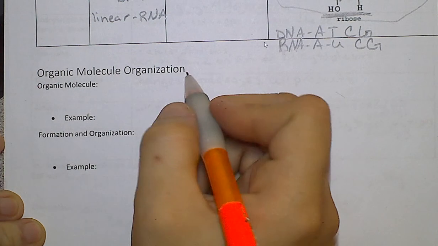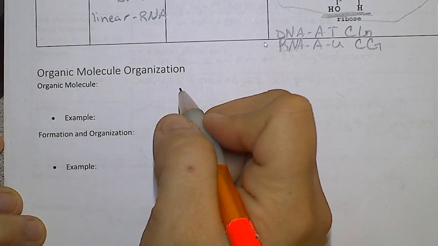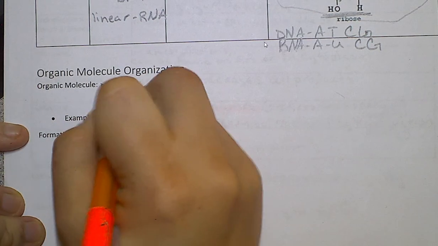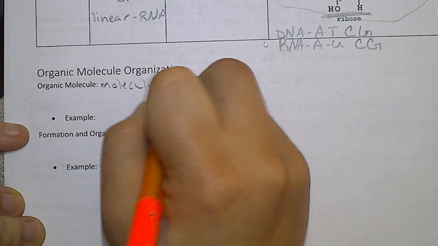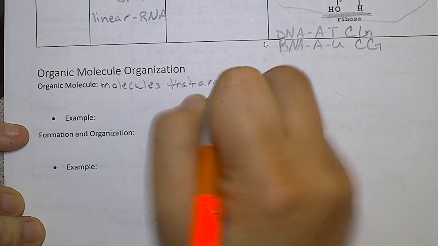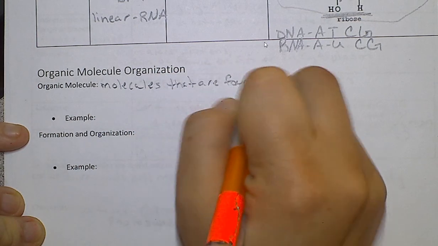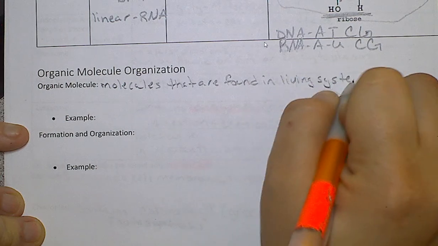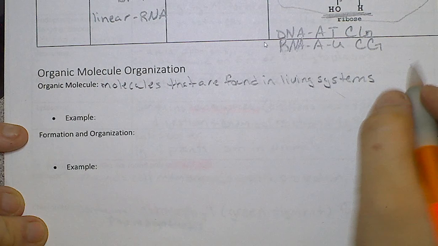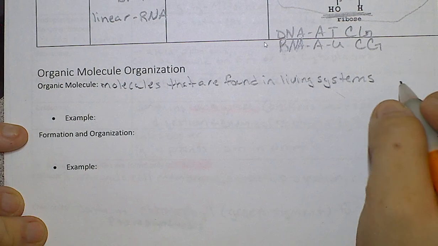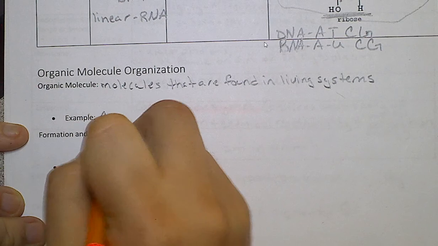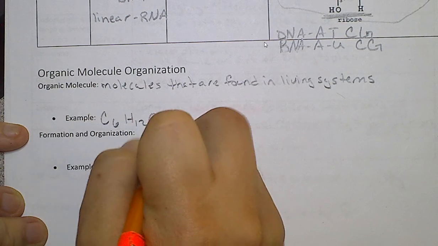Okay, so a molecule that is found in living systems. Your example is C6H12O6.